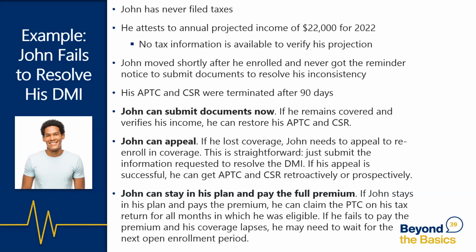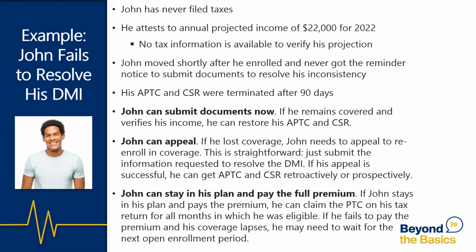Now, John has some options. John can submit his documents now. If he remained covered and verifies his income, he can restore his APTC. So he has to have been paying his premium and submit his documentation. And if all of that works out, then he can get his APTC back going forward.